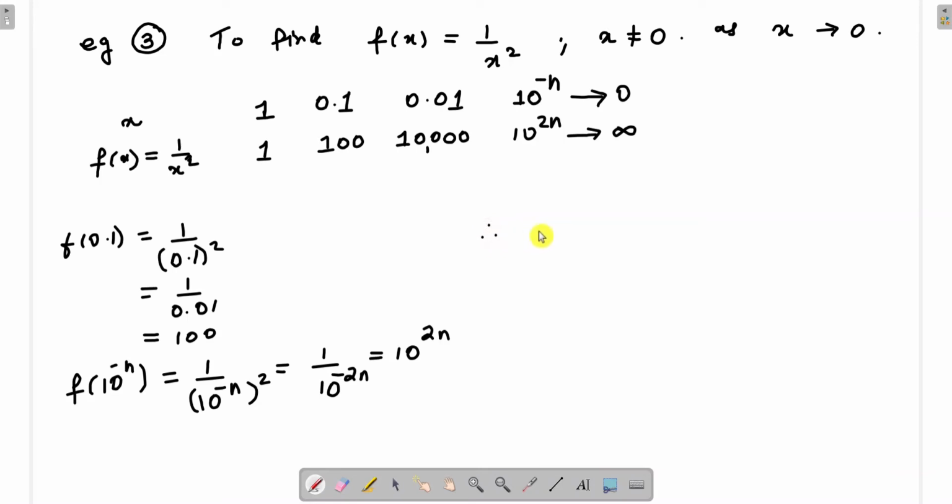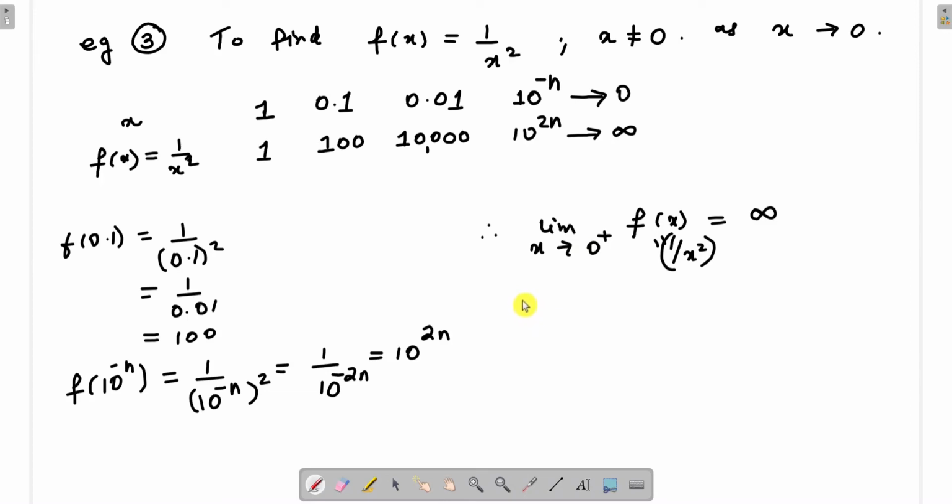So here we can say that the limit as x tends to 0 plus, because we are approaching 0 from the right hand side, of f(x) is infinity. f(x) is 1 by x square. So you can see that the limit is infinity. Which limit? Right hand limit.